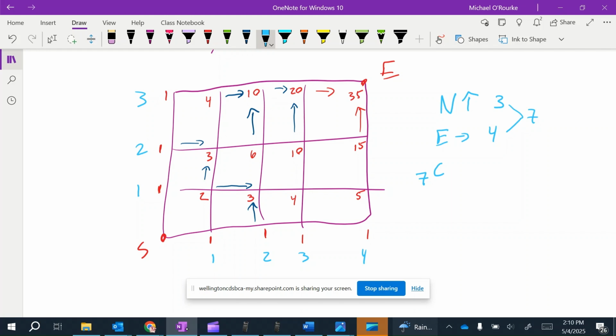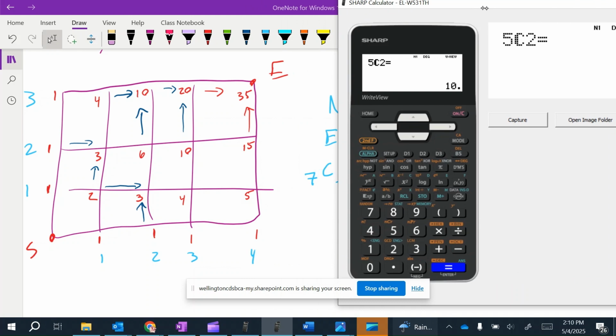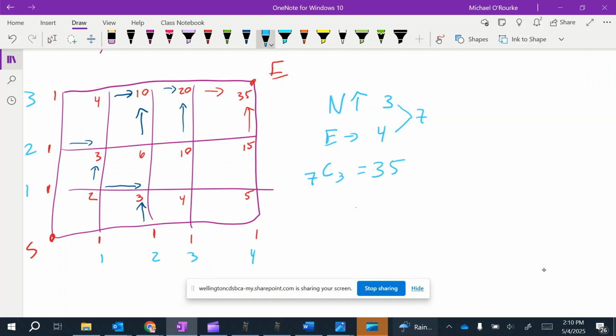So 7C3 should equal the same number. 7C3 equals 35. And I can actually go 7C4, and that also equals 35. We know that because 7C3 equals 7C4, since 7 minus 3 is 4.